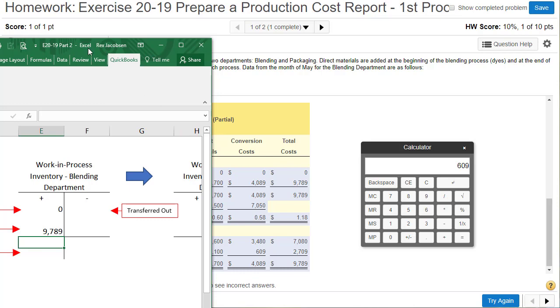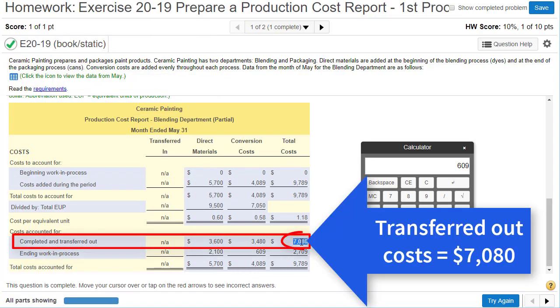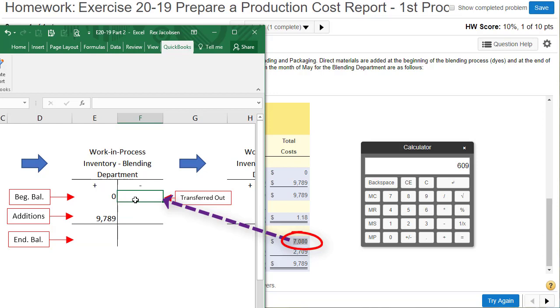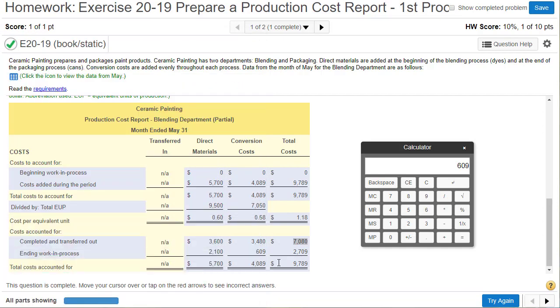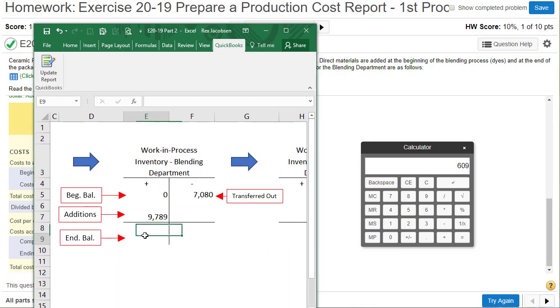The transferred out costs are right here. Total cost for transferred out is 7,080. So transferred out are 7,080. And the costs that are still in the ending work in process are 2,709.